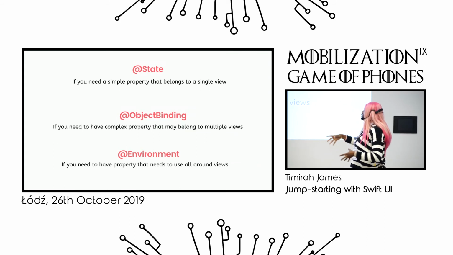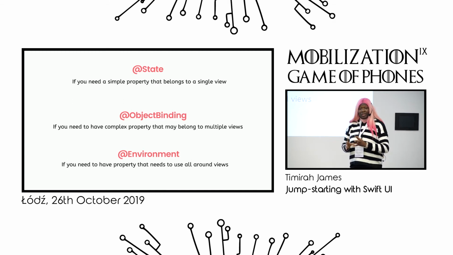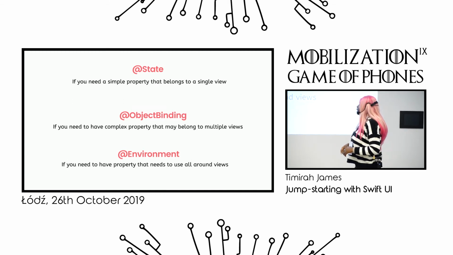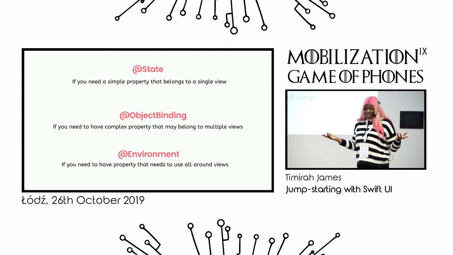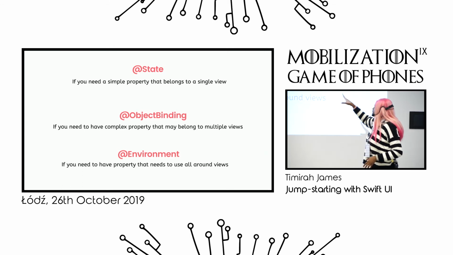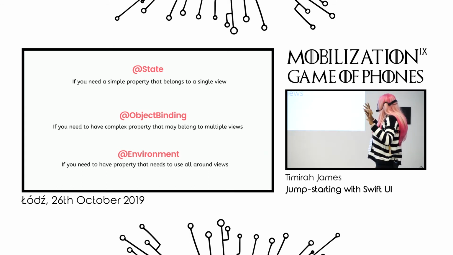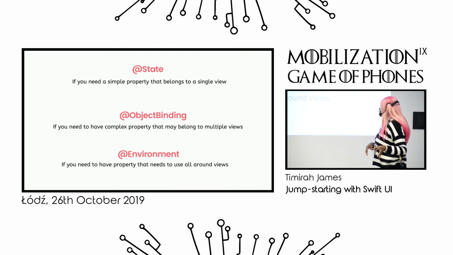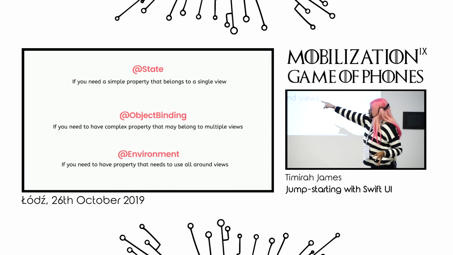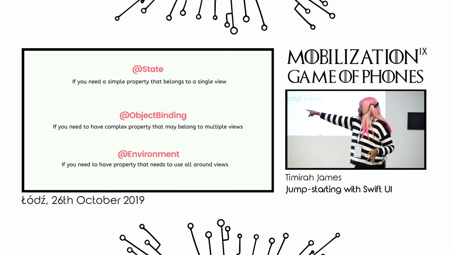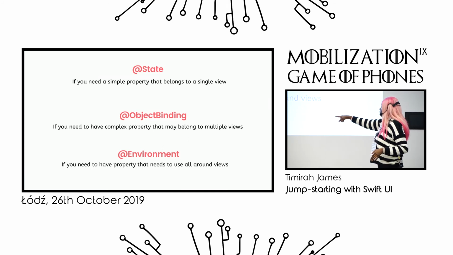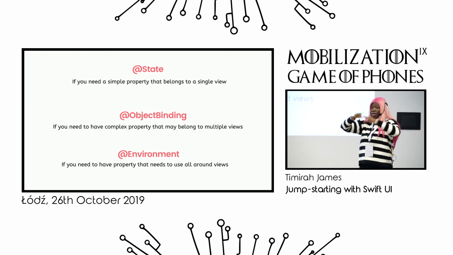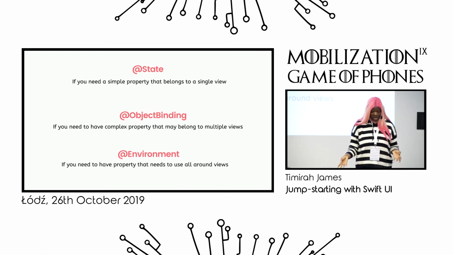Another one, second most popular as it can be because everything's very new, is for when you need a complex property that may belong to multiple views. Then you have @Environment. You might not see this a lot, but if you need a property that is used all around your views, that's what you use.